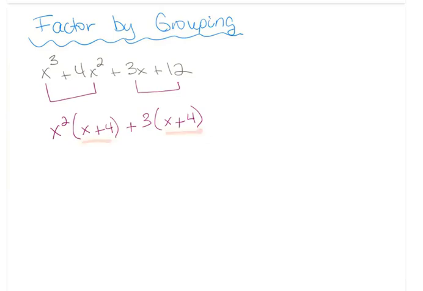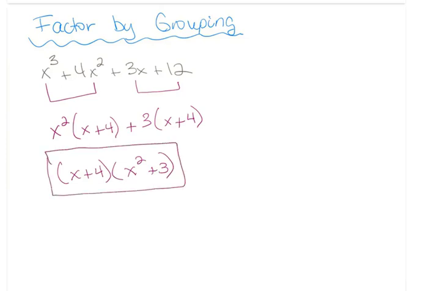So now we can factor out the x plus 4. And if we factor out x plus 4, what are we left with? What's our other factor going to be? X squared plus 3. And look at that. You just factored a third degree polynomial.